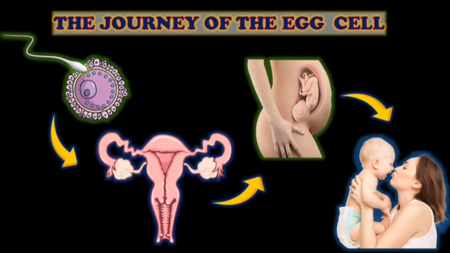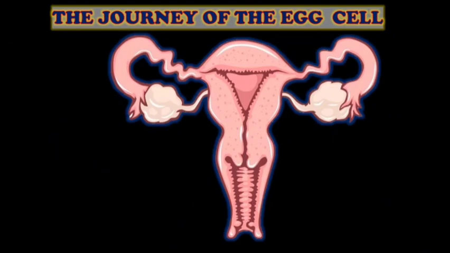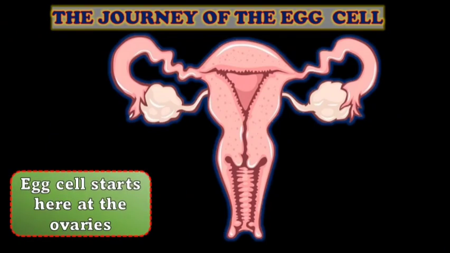So this time, let's go now and discuss the journey of the egg cell and how the female reproductive system works. We learned a while ago that ovaries produce the egg cell, which means the egg cell starts at the ovaries.